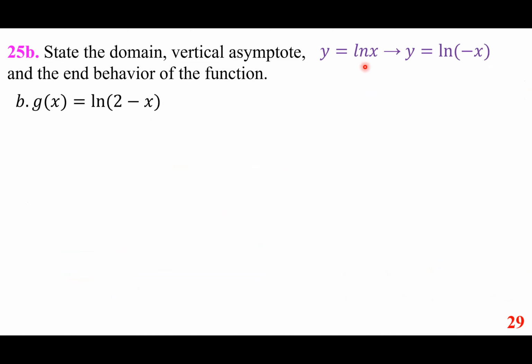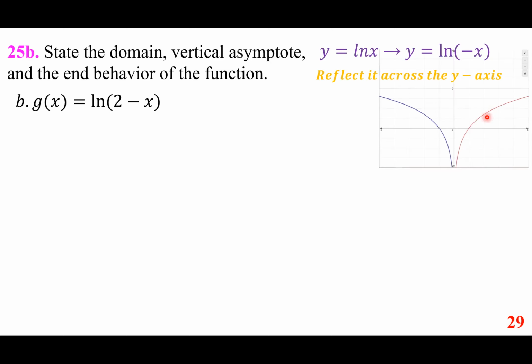And when we change the x to minus x, that means we are going to reflect it with respect to the y-axis. So take a look at what happens here. This is y equals ln x. Maybe I write next to it. This is y equals ln x. And this is y equals ln of minus x.